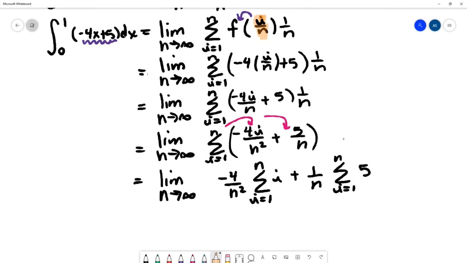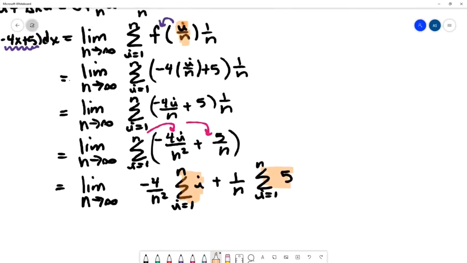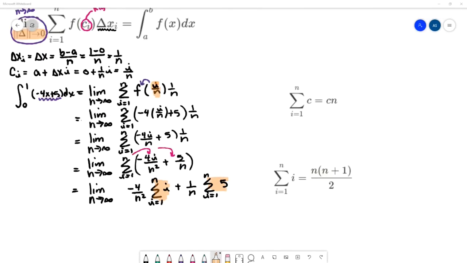And we have some summation formulas which will allow us to work out what these pieces are. So let me get a screenshot of those formulas so you can see which ones I'm using. So the two formulas that we're going to be using are sum of a constant and sum of i.